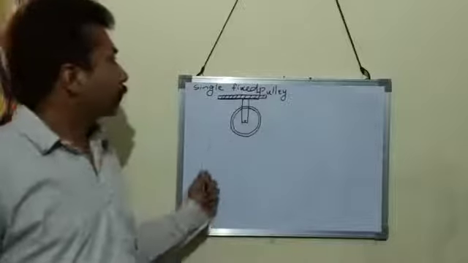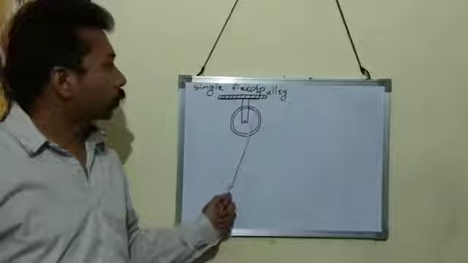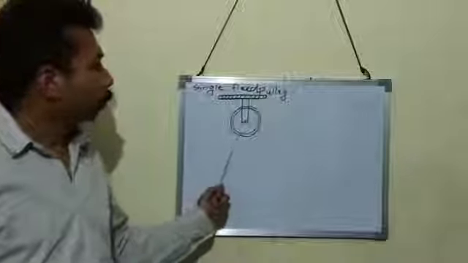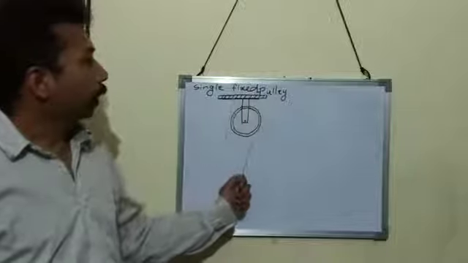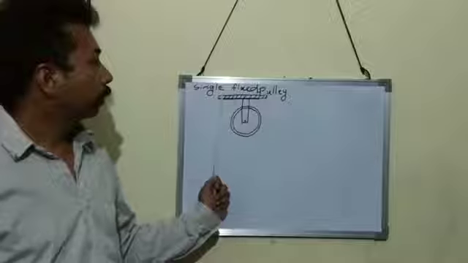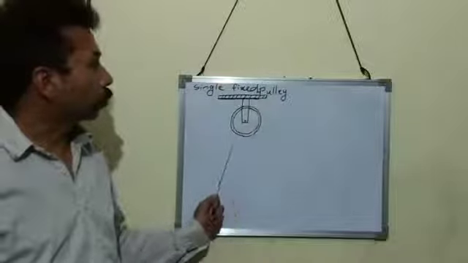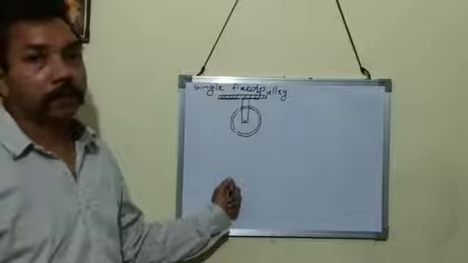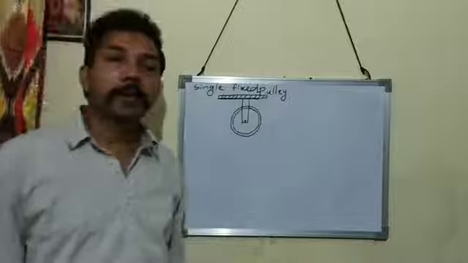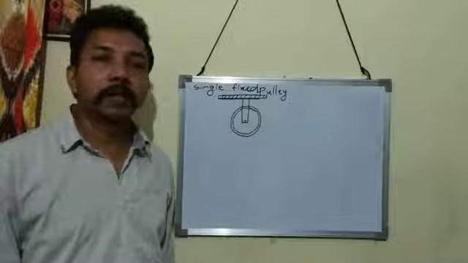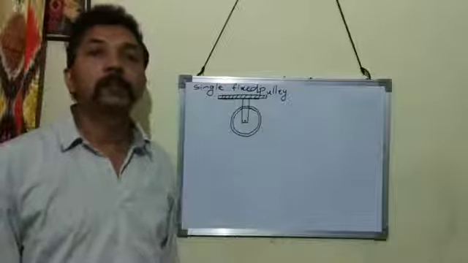The first one is the single fixed pulley. In the case of a single fixed pulley, a single pulley is fixed about a support. This is the support. To this support, this single pulley is fixed. This is called a single fixed pulley. Now we have to find the mechanical advantage and velocity ratio of a single fixed pulley.